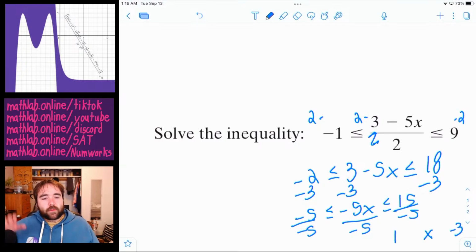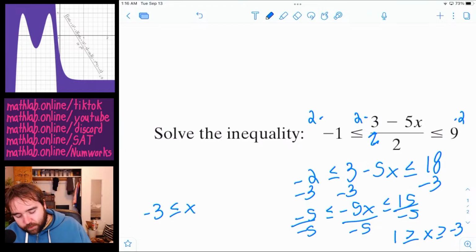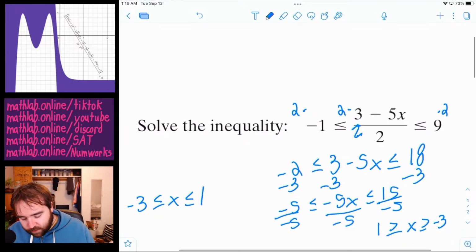So see how it went from the small number on the left to now the small numbers on the right? So that just means that's why we have to flip the sign over. All of these signs are flipping. And then so in reality, we should flip it back around to be how we're used to it, with the small number on the left and the big number on the right. And there we go. That's all there is to it.